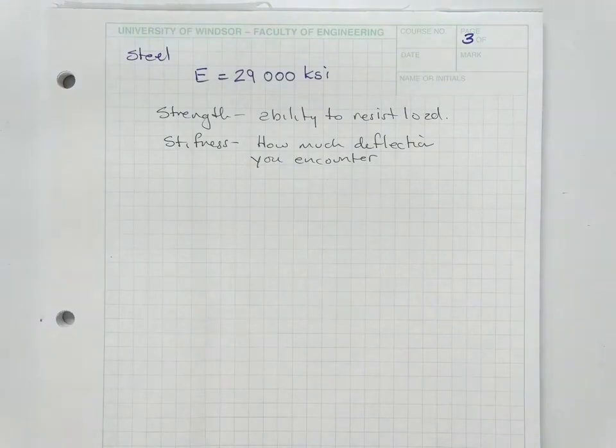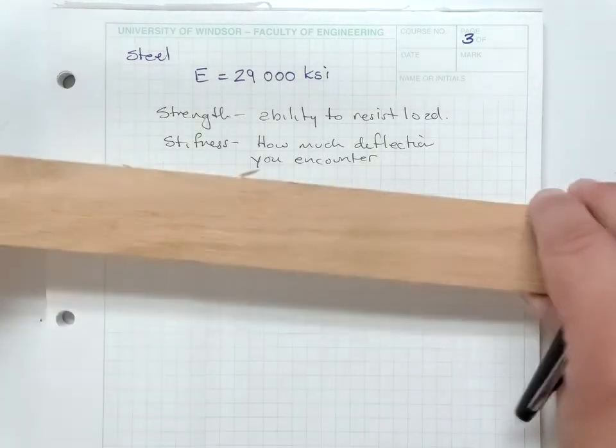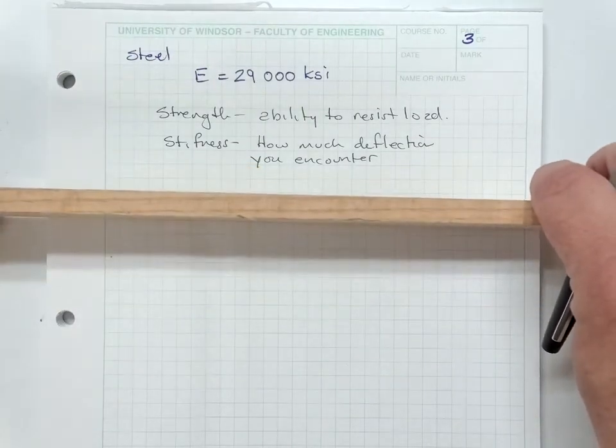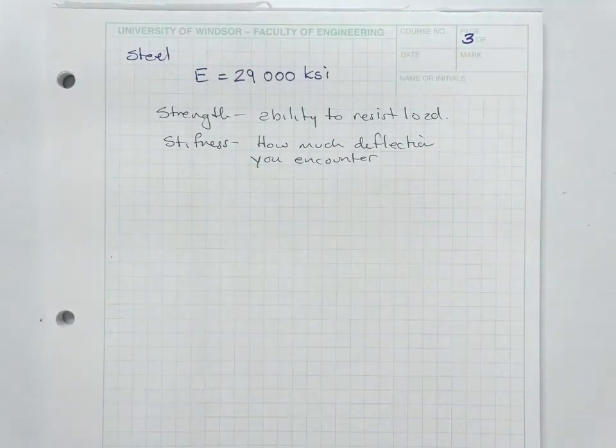So what's the difference? The strength is a function of the material. The stiffness is a function of the material and its geometry. Because if I turn it so that it's deep relative to the load, or shallow relative to the load, it has a different stiffness.